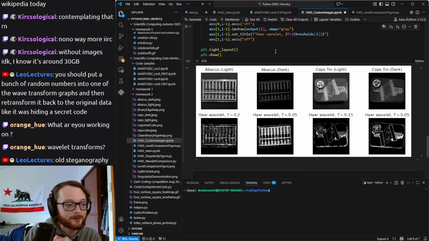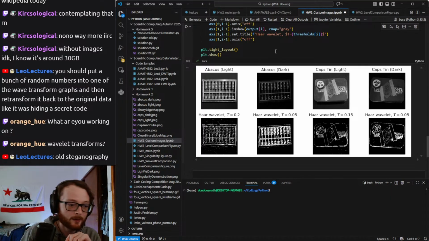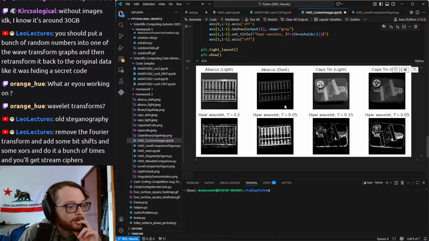Steganography. Interesting. Add some bit shifts, do some XORs, do it a bunch of times, you'll get stream ciphers.